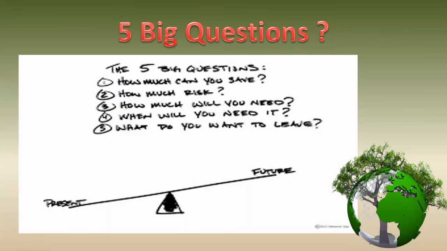So then only we can leave the resources for the next generations, for future generations also. When will you need it? Whether we need them in the present situation or for future use, we have to decide that. What do you want to leave? That means we have to leave the resources for the future generations also. These five big questions every person should ask themselves.